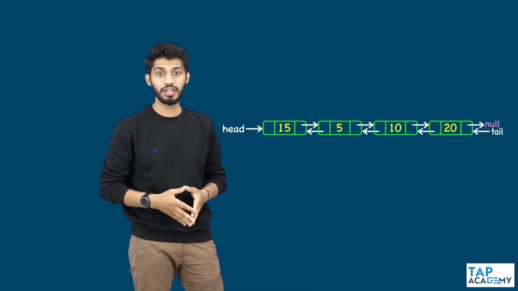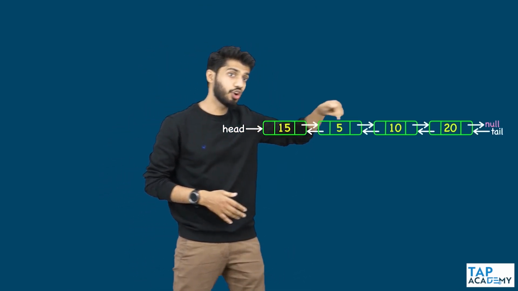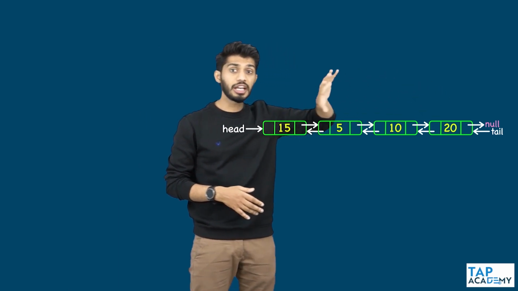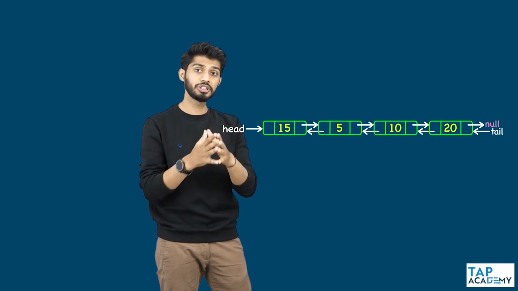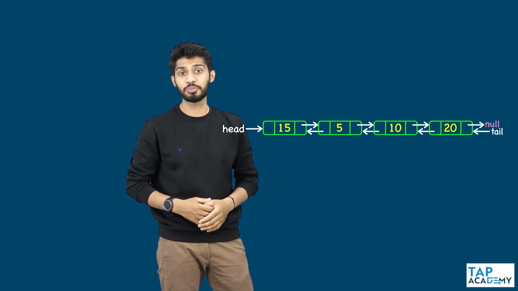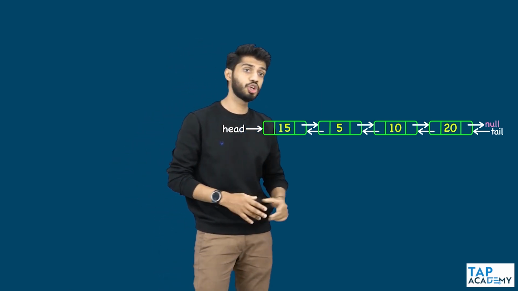If you ask how a doubly linked list looks, this is how it will look. If you observe, there are 4 elements over here, but the representation has slightly changed. And what has changed? It's very simple. I want you to observe a node over here.